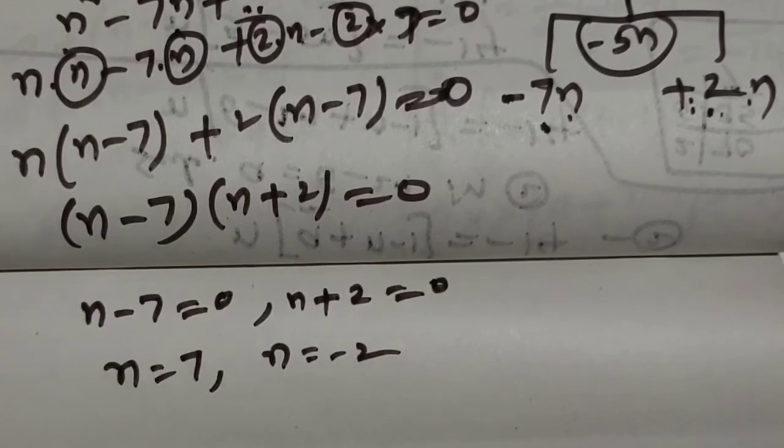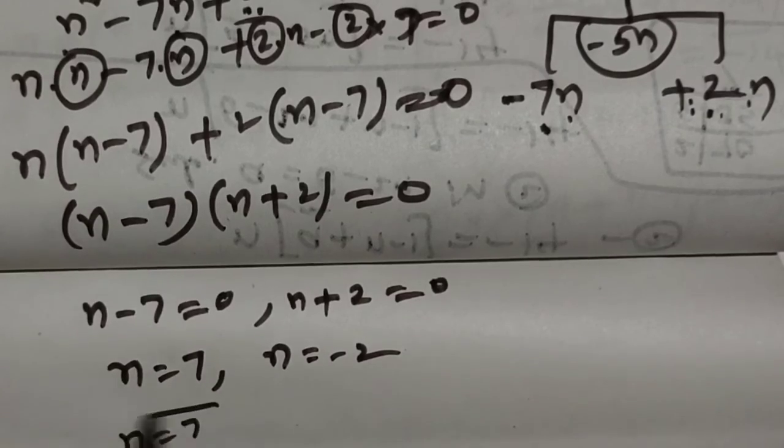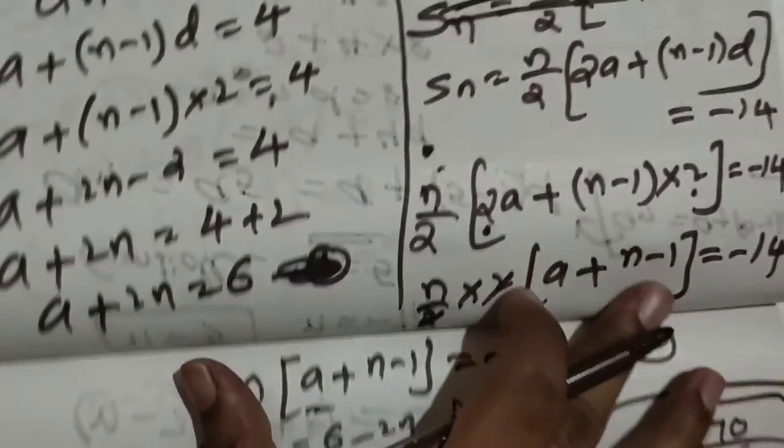Like this we have to do. We have to find n is equal to 7. Now here we actually need the a value.